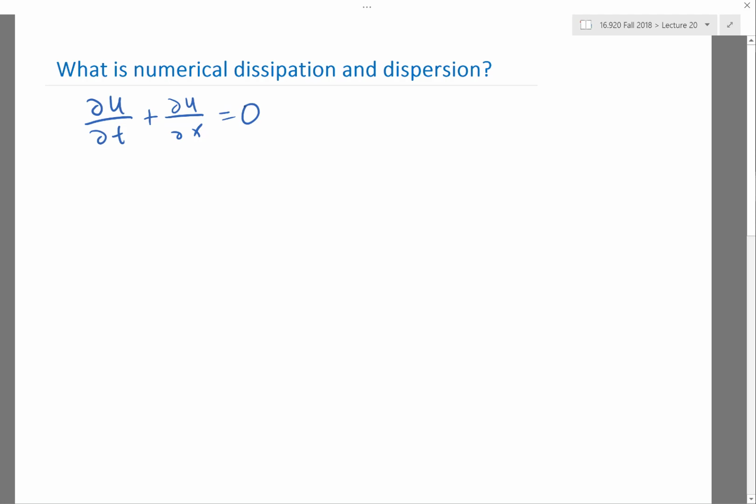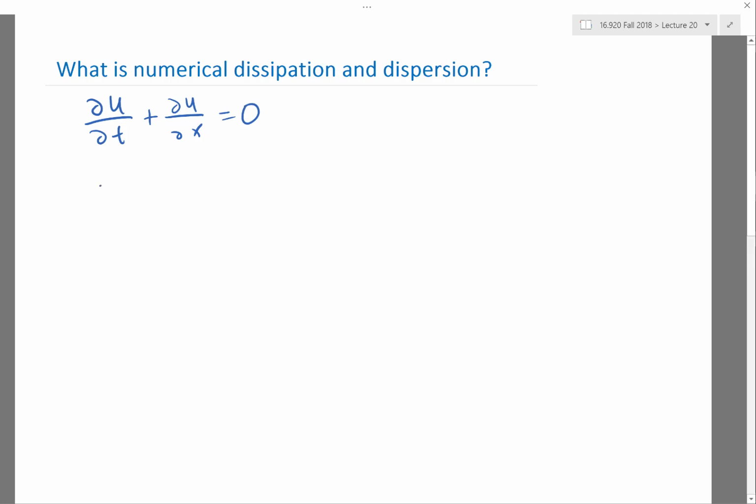The solution we know is a waveform that travels towards your right with no modification in the shape of the wave, right? And yet, when we solve it using an upwinding scheme, the solution is going to be decaying, especially for high-frequency oscillations. This can be analyzed using the modified equation analysis.